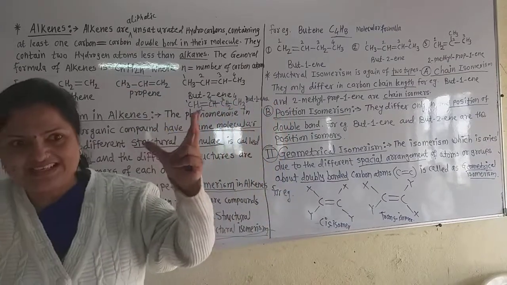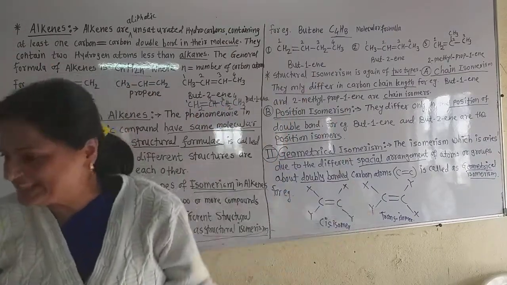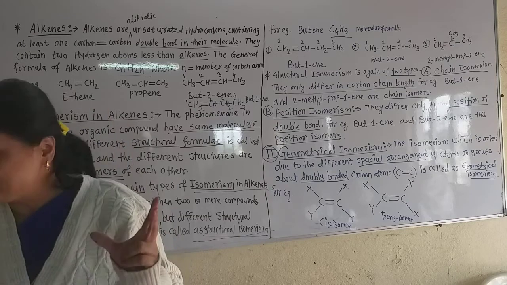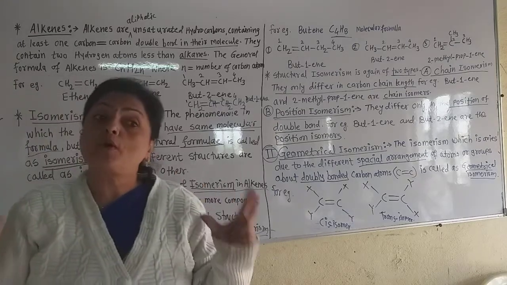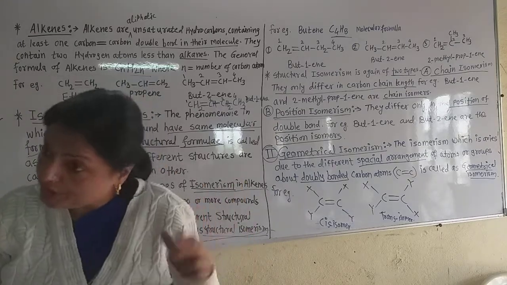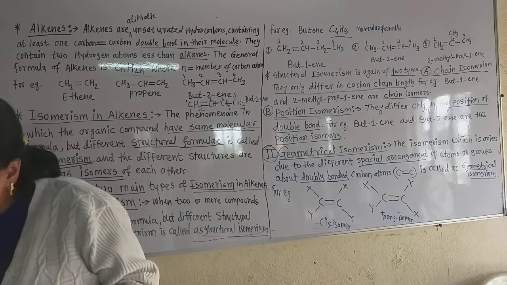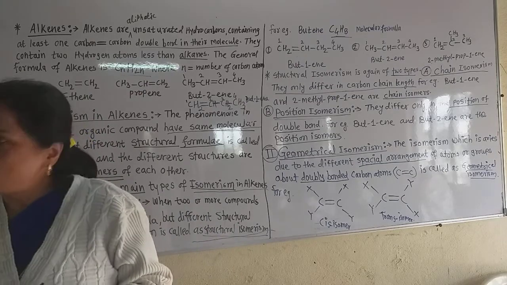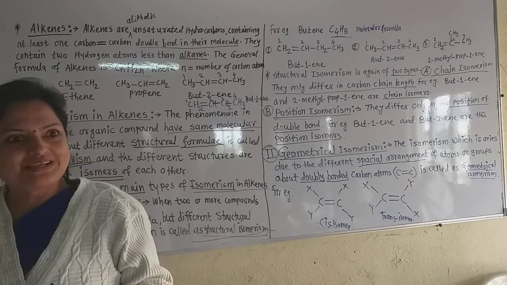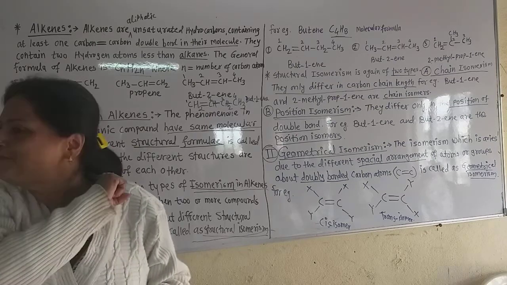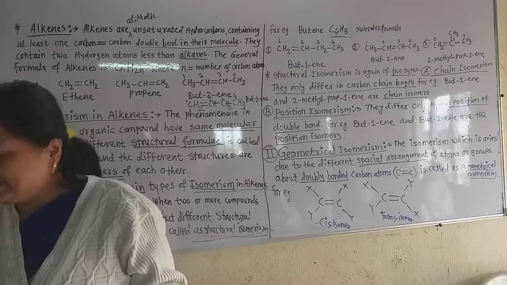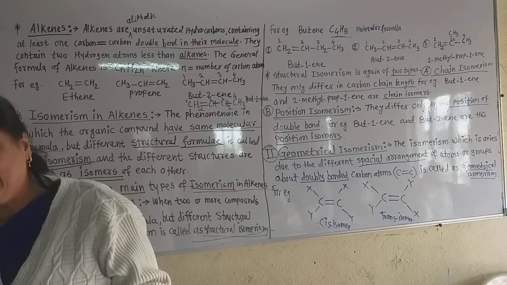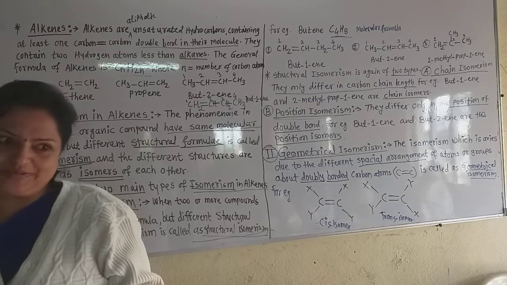Space means the empty place. In the space, the atoms or groups of atoms have different spatial arrangement around the carbon-carbon double bond, but they have the same molecular formula. Where are they different? Only in the spatial arrangement.